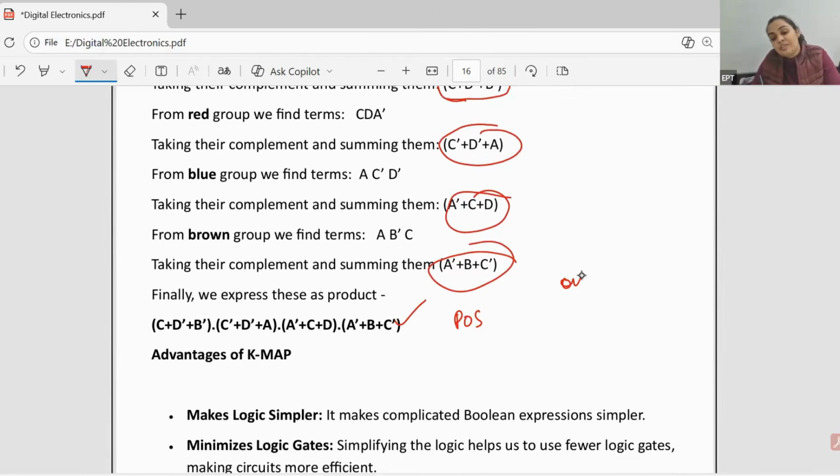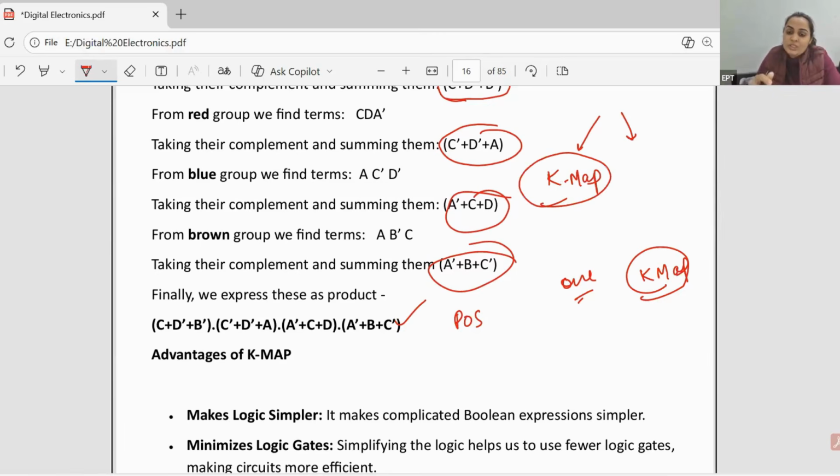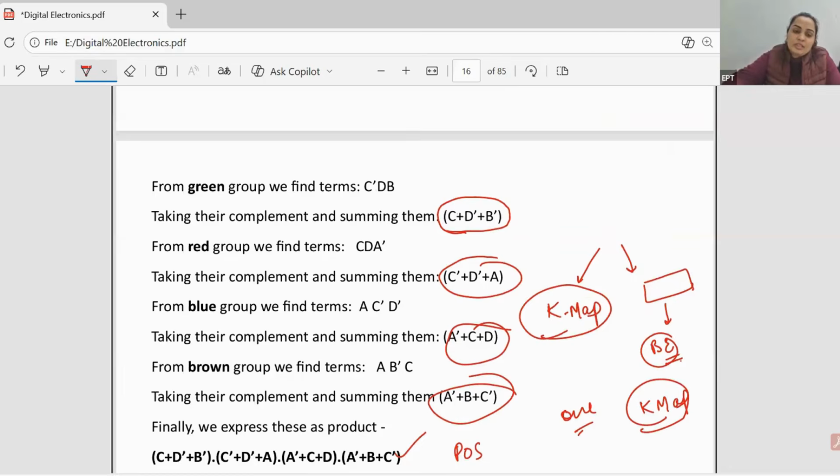One question will definitely come, either from the K-map or it can be asked in another form. You see, two types of questions can be framed. One from the K-map, the problem in which you have to take the help of the K-map to solve the given problem, right? And some circuit may be given to you and you have to write down the Boolean expression, and the information may be given in this form.